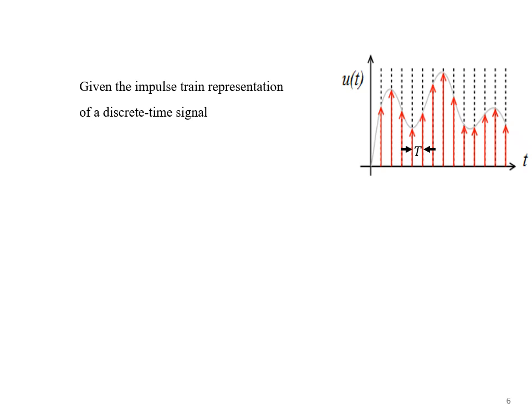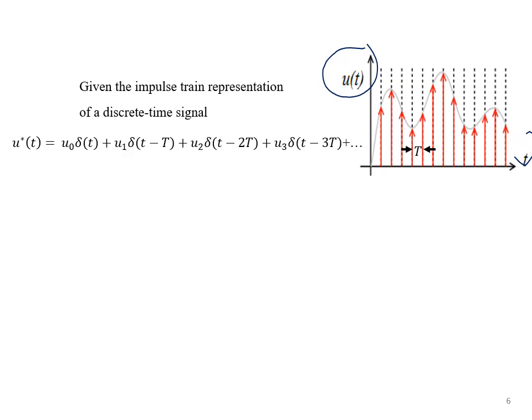We have this discrete time system. The signal is u with time. We have samples at sampling time equal T. We have the discrete time signal equals u0 times delta of t, u1 times delta of t minus T, u2 times delta of t minus 2T, and u3 times delta of t minus 3T.